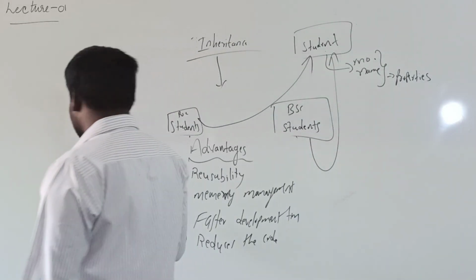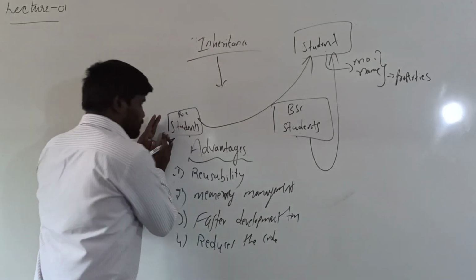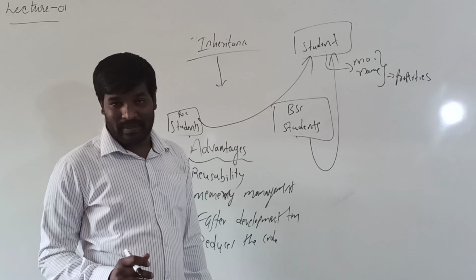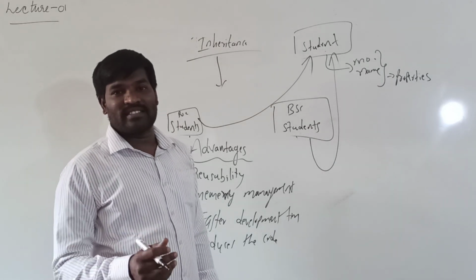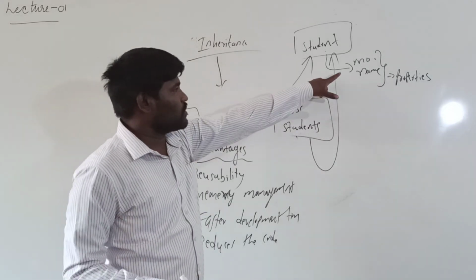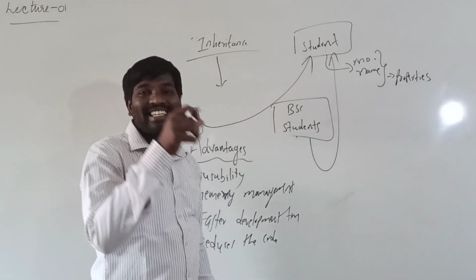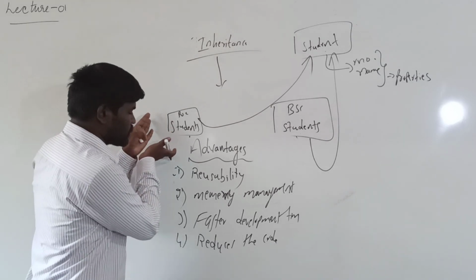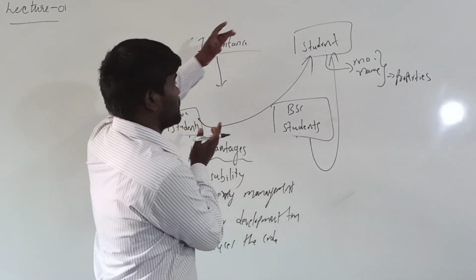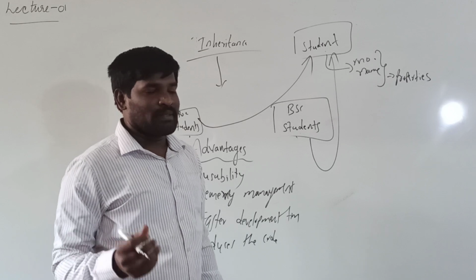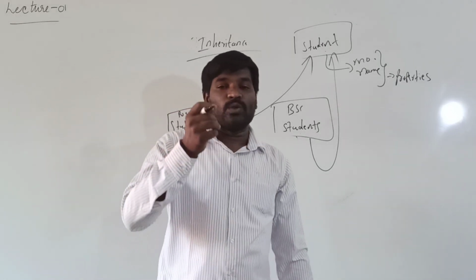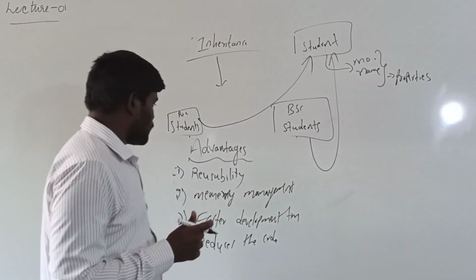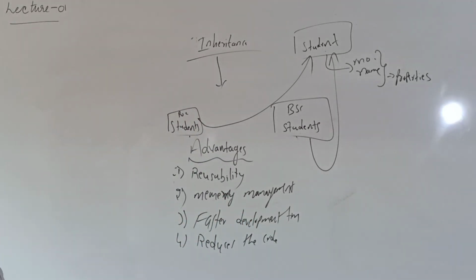Suppose you declare roll number and name for PUC students separately and for BSc students separately, it requires more memory. But here it is declared only one time. If you want the PUC student information, you can access it from the student class. It means the memory will be utilized properly. It saves memory. That is also one advantage of using inheritance.